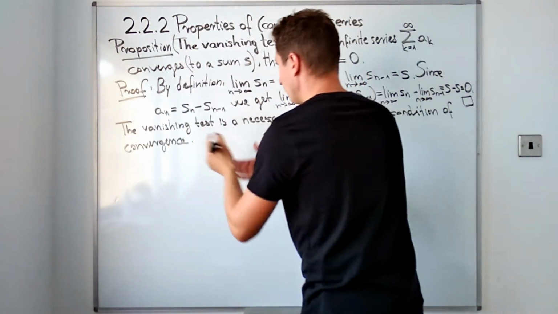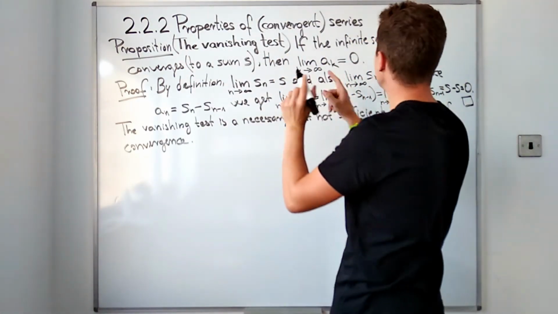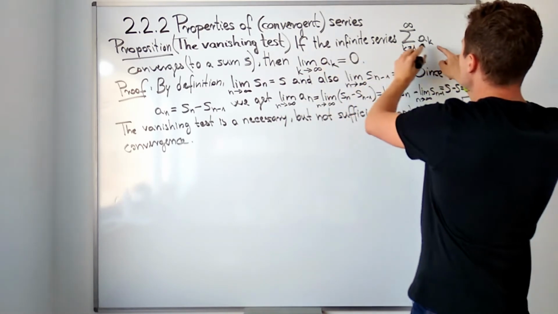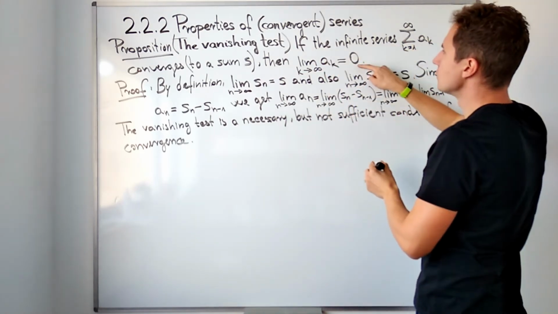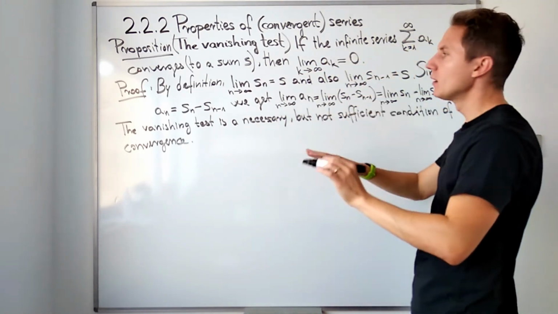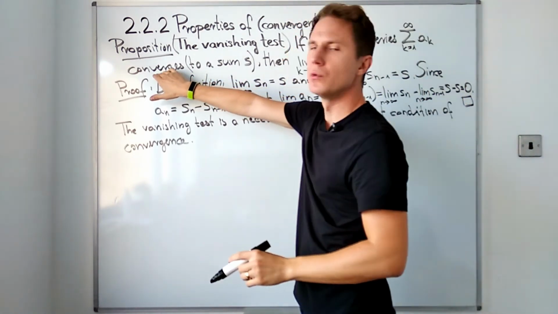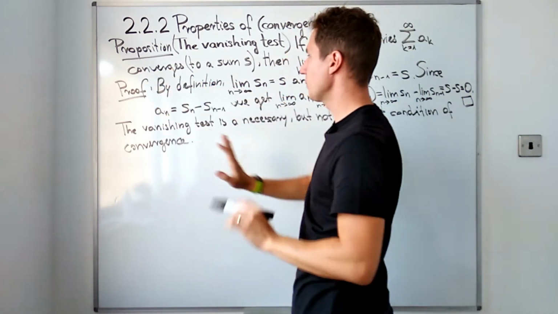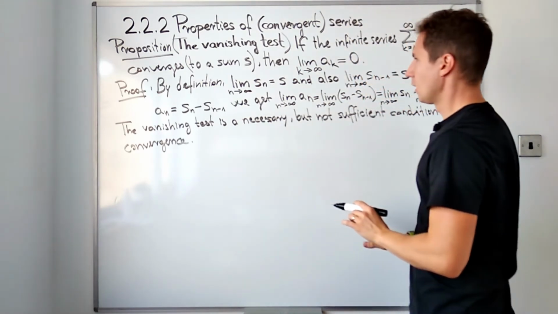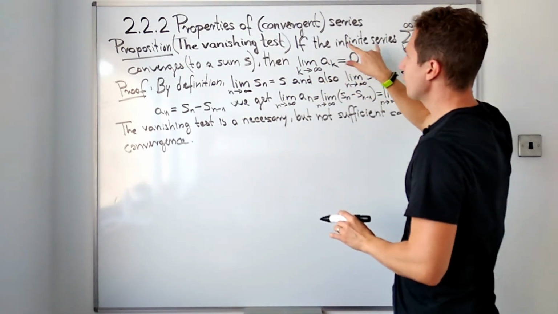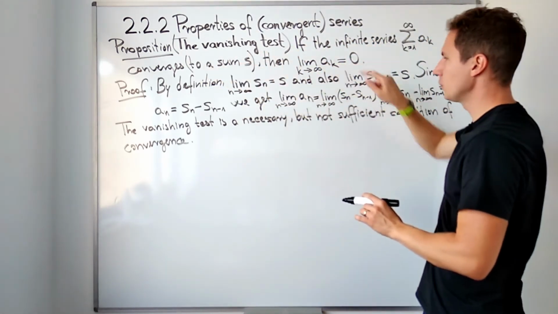By this I mean, if you have an infinite series for which the general term converges to 0, it doesn't imply that the series is going to converge to some sum. It's the other direction. If we have convergence, then the general term has to go to 0.